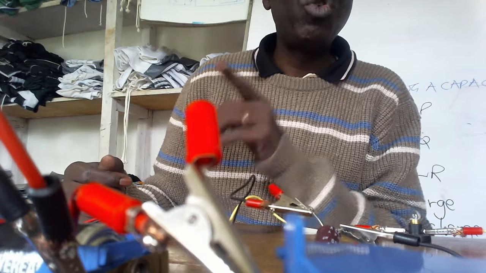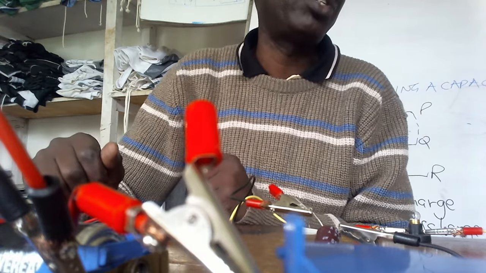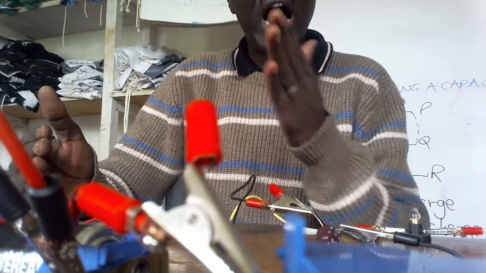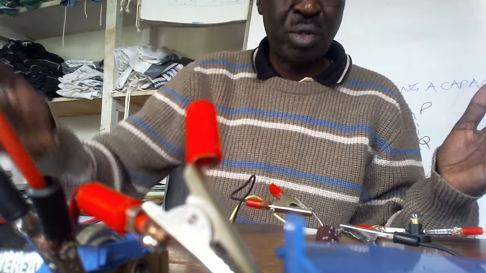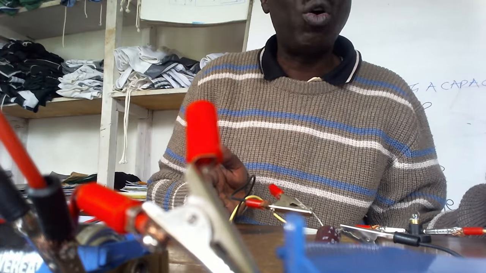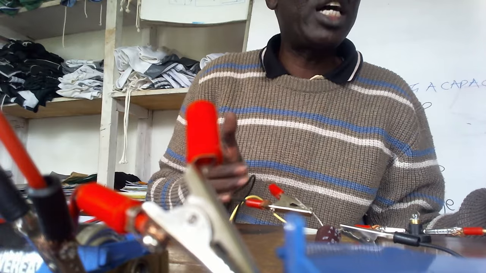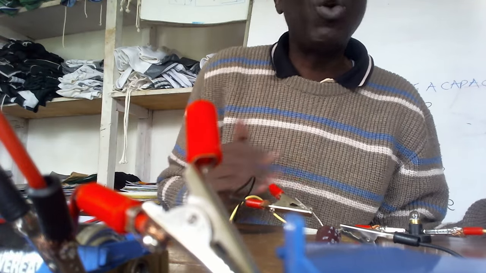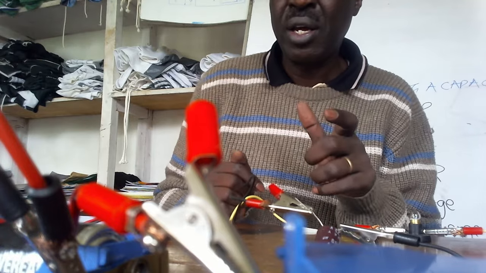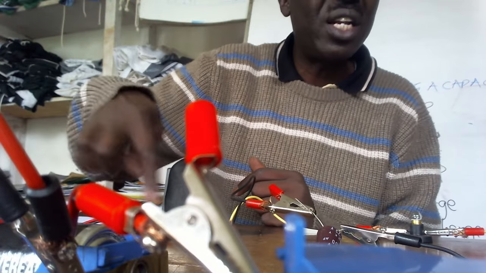In exams, you must know how to charge and discharge, because sometimes it involves measuring how the PD drops. Remember, I can also connect a voltmeter here so that we see how long it took to discharge. It is a process where you must be very keen, especially in how you hold the three terminals, P, Q, and R.